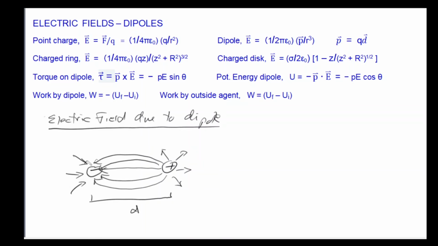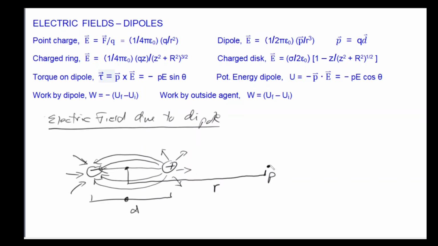Okay, so let's say we have a point P way out here, and P is a distance, we'll call that R, from the center of the dipole.